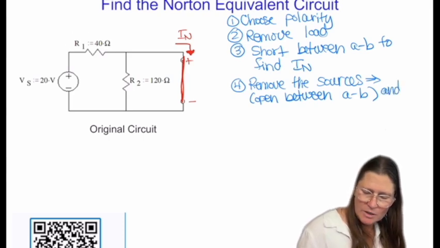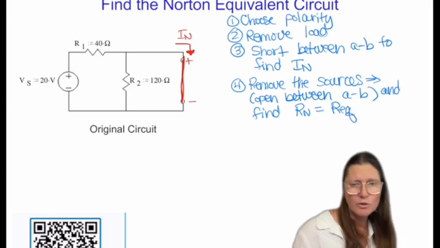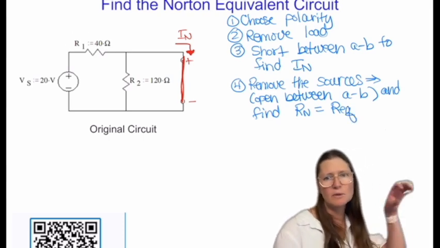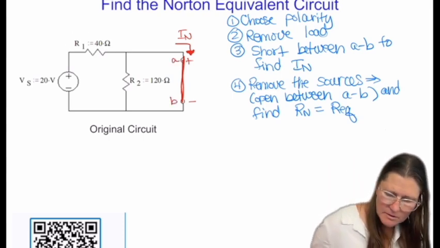And find the equivalent R, and that will be your RN. So it will be your pathway between A and B, where A will be here and B will be here.